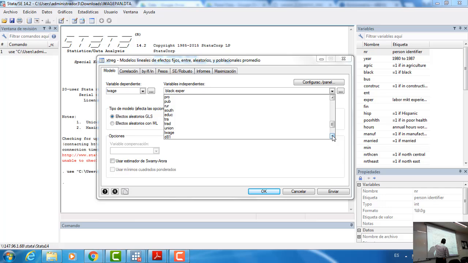Which one? Union. Yes, union, that is, belonging to a trade union. In fact, this exercise is designed to test whether the union is significant or not.